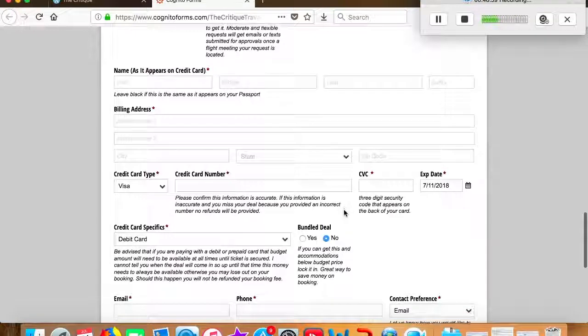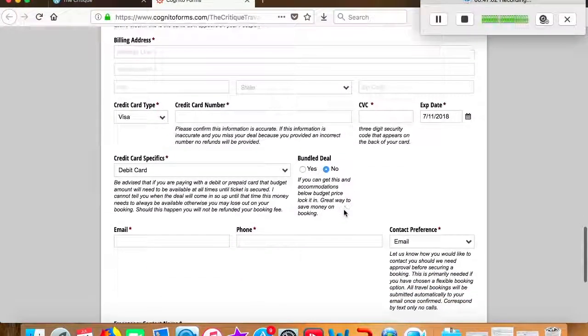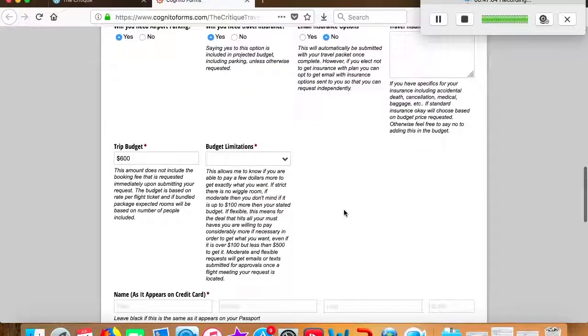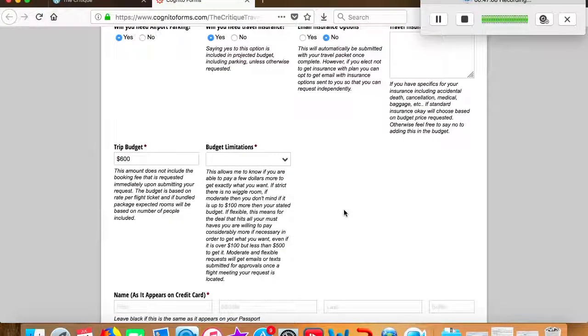Okay. Also, if you're going to use a prepaid card, be advised that when you do your trip budget, you definitely don't put any budget limitations that exceed what you keep on that card, because you could lose out on a ticket simply because it's going to reject your card because it doesn't have enough funds on it.